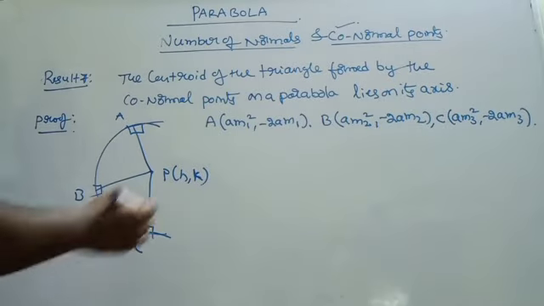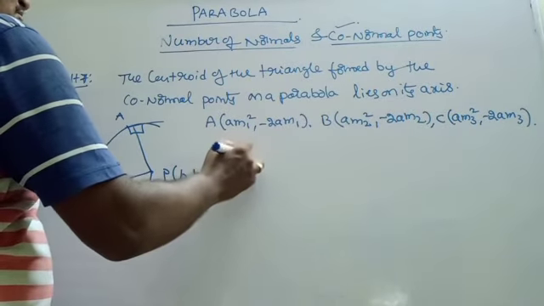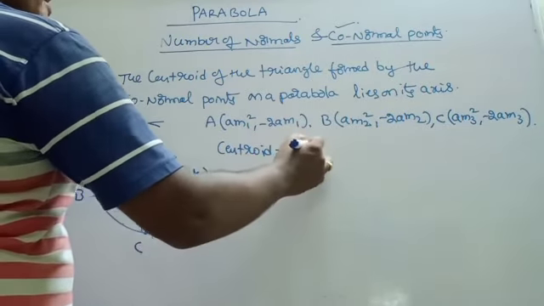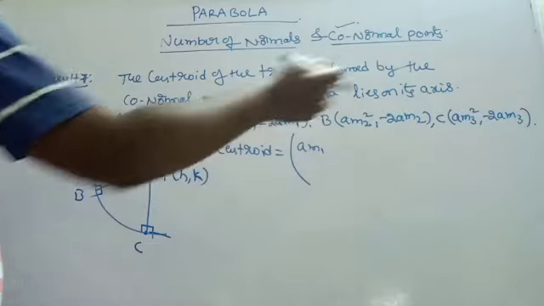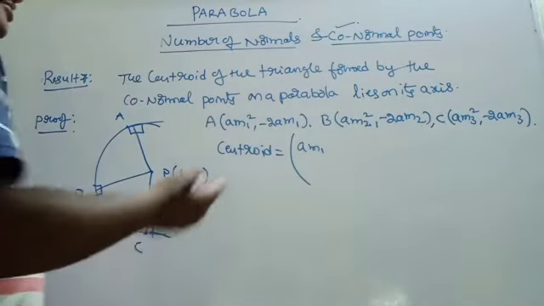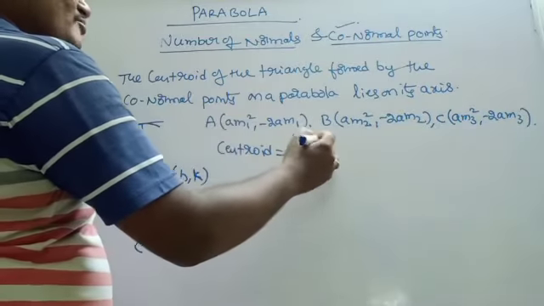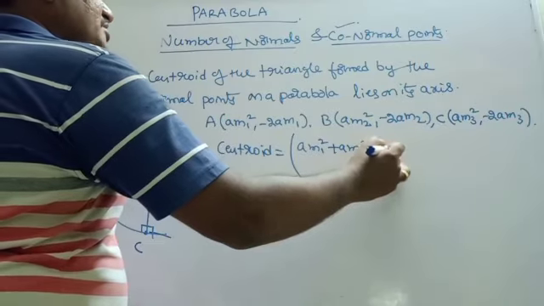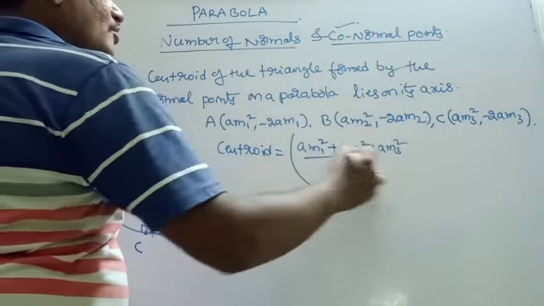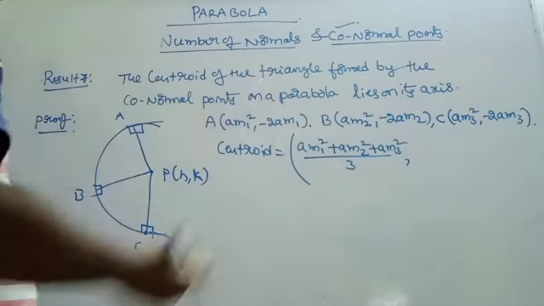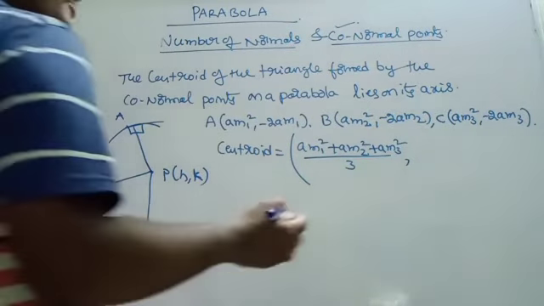Now the centroid is nothing but ((x1 plus x2 plus x3) by 3, comma, (y1 plus y2 plus y3) by 3).